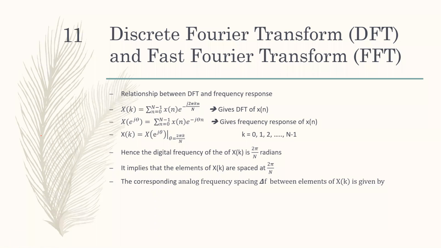Now, if I want to know the corresponding analog frequency, I know that the digital frequency is 2 pi by N in this case. Why 2 pi by N? If you observe this equation, when k is 0, theta is 0.